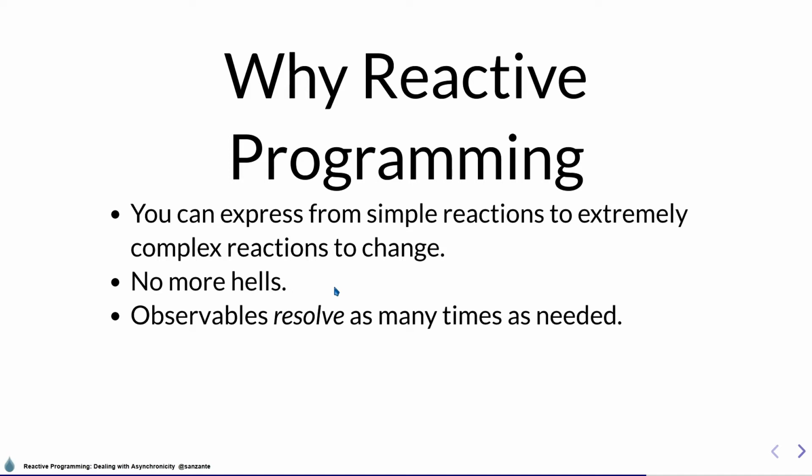The observables resolve as many times as needed, not like promises or callbacks. They emit values, not just one, but any number of values. Execution flow is intuitive. You have to read the pipe. For a complex pipe, it's not so obvious, but I bet that it would be worse with promises.